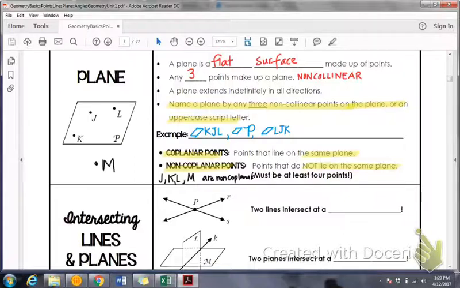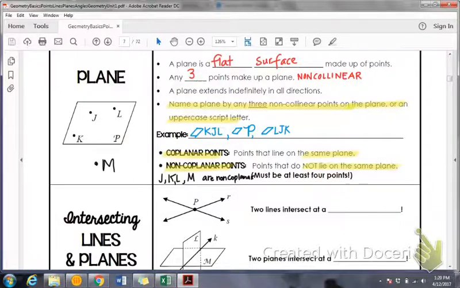So J, K, L, and M are non-coplanar, even though J, K, and L are all on the same plane, right? They're all on that little flat surface together. When you throw M into the mix, they're no longer on the same plane. You guys see that? You okay with that? All right.